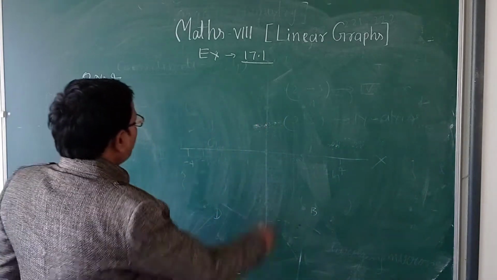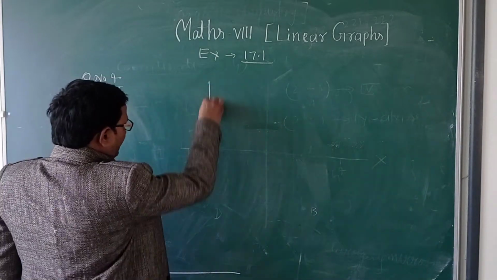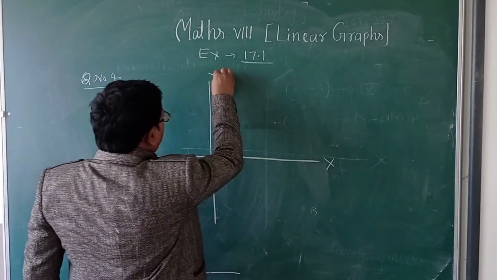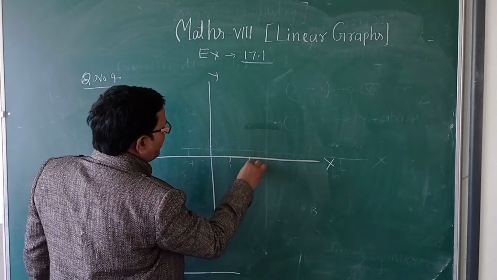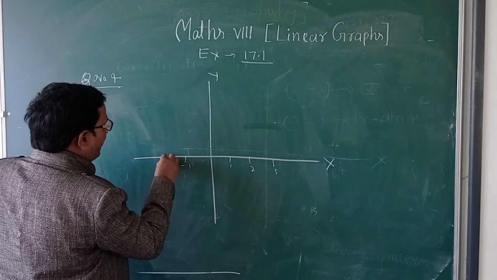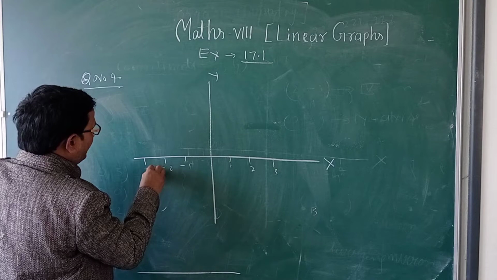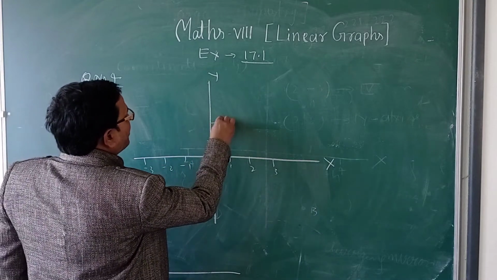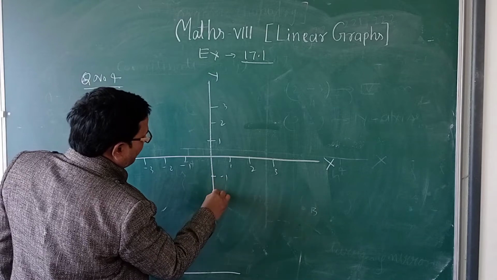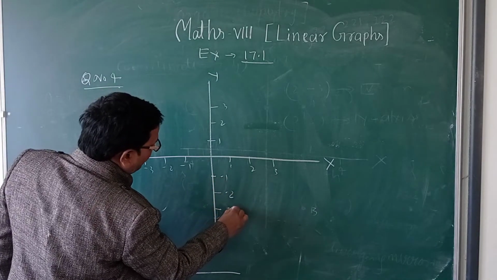First, plot the graph. Draw the x-axis and y-axis with 1, 2, 3 and -1, -2, -3 marked on each.